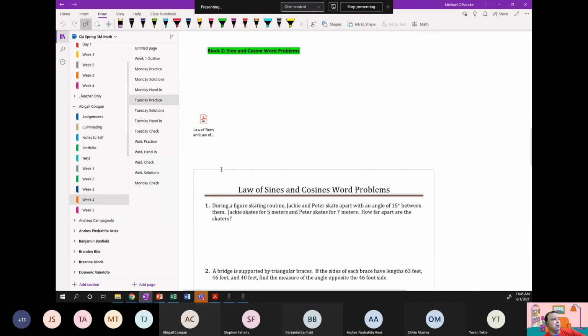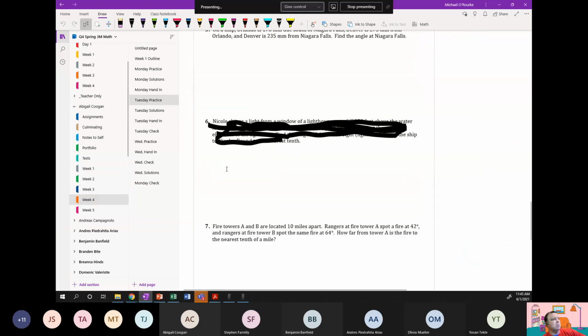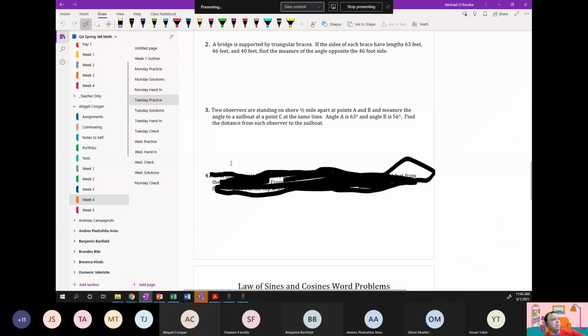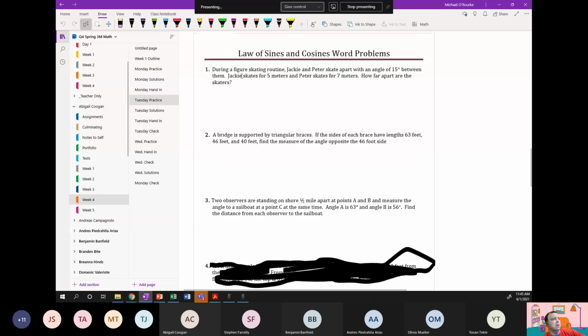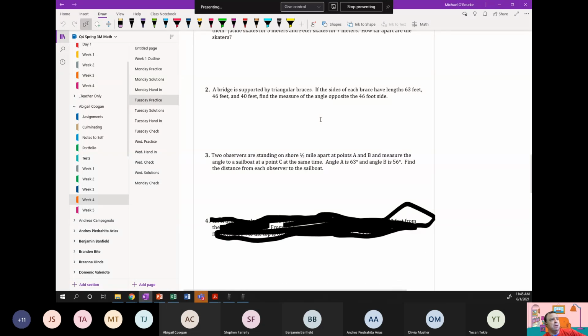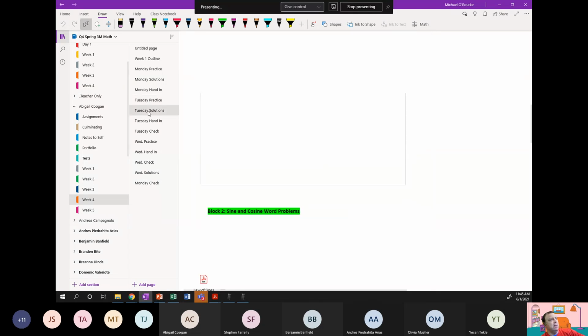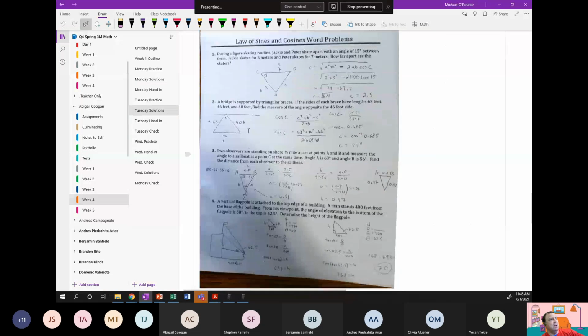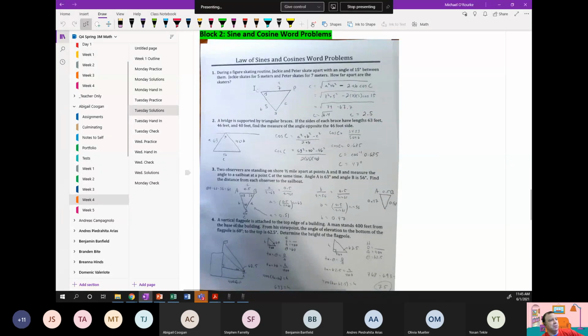For your homework, there are 7 questions, but I took 2 of them out. What I would recommend is draw the triangle you think it is first. Then go check the solutions. Unfortunately, it's my writing the solutions.